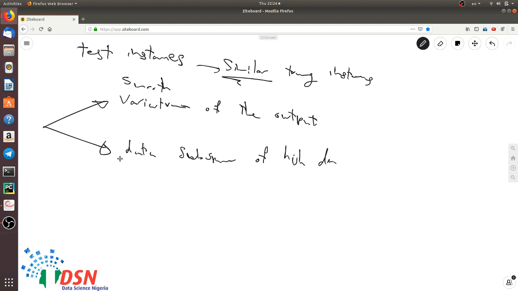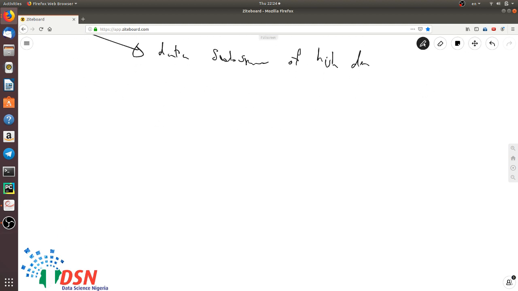Now we want to talk specifically about nearest neighbors. Let's say training examples are in Euclidean space, so we have a d-dimensional vector for each data point.